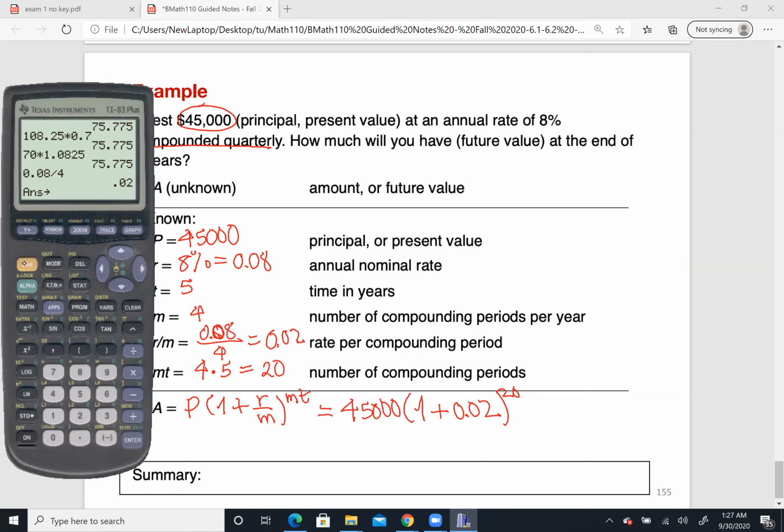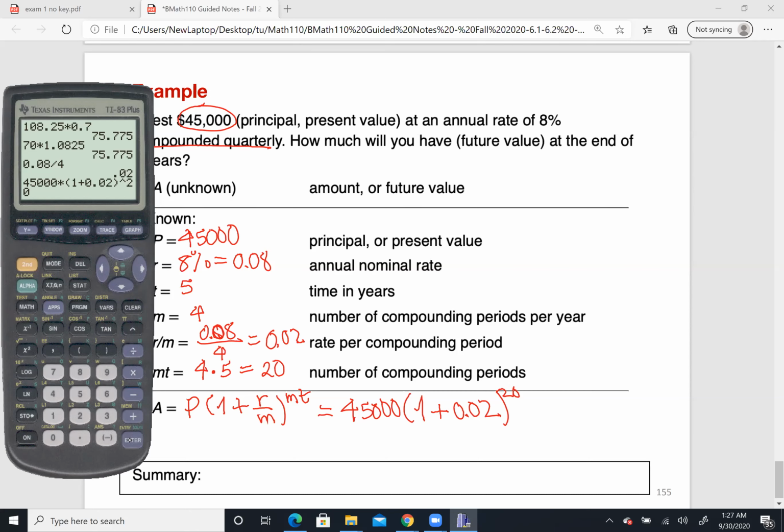So let me clear this. Okay, clear. Okay, so I have 45,000 multiplied by parentheses 1 plus 0.02, close parentheses, and to the power 20.